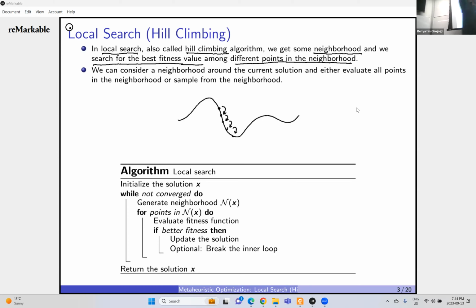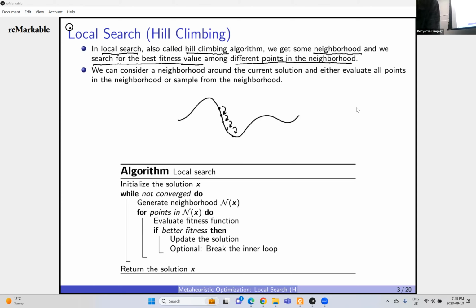So I search, let me see where the function value is minimized. If I find a better solution, I update my best solution so far. Initially, my best solution is where I am. Then I search. If I find a better solution, I update my solution. So the algorithm is like this.